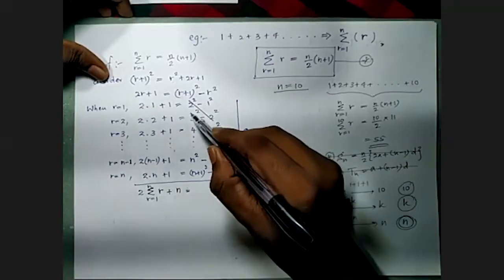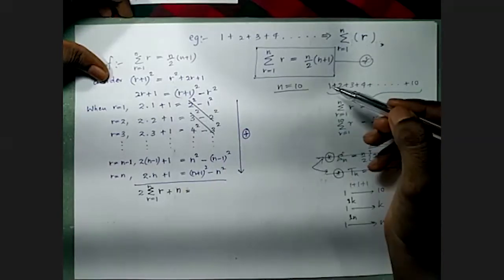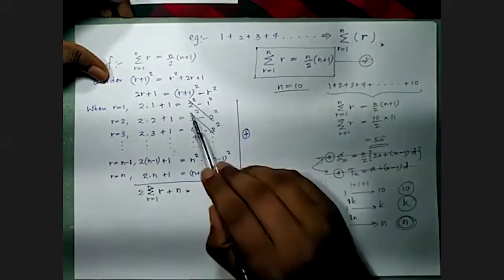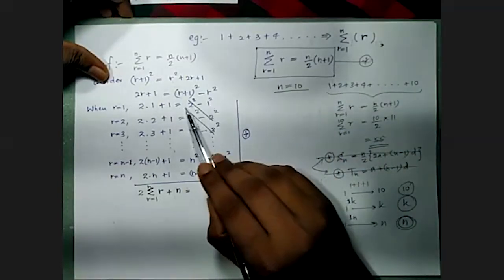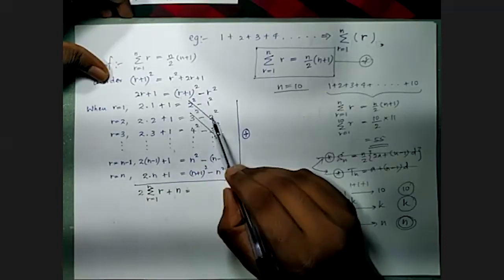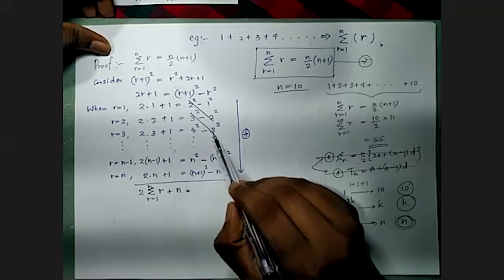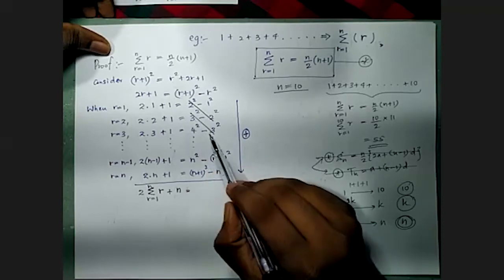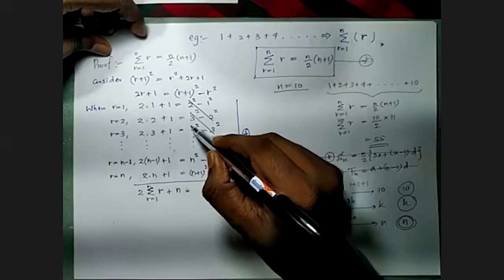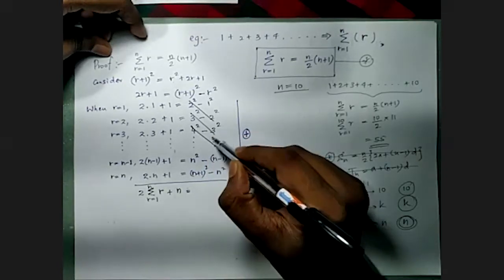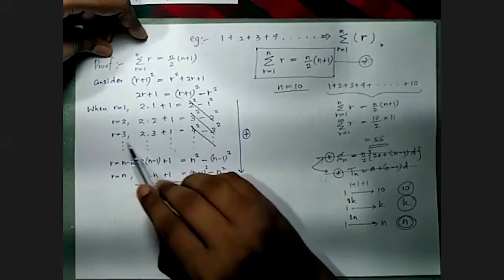So both these terms get cancelled. Can you see a pattern? The first term in this step gets cancelled with the second term in the following step. Similarly, 4 square will get cancelled with the corresponding term in the fourth step.